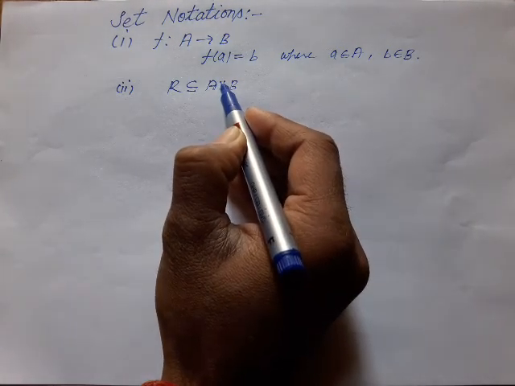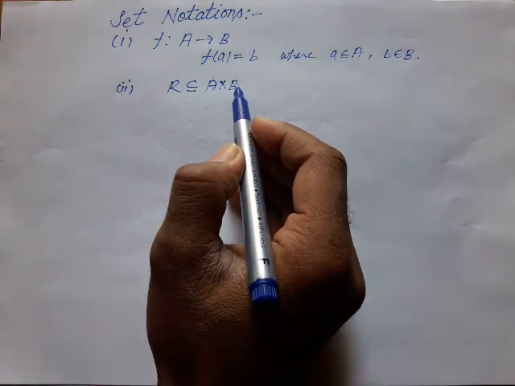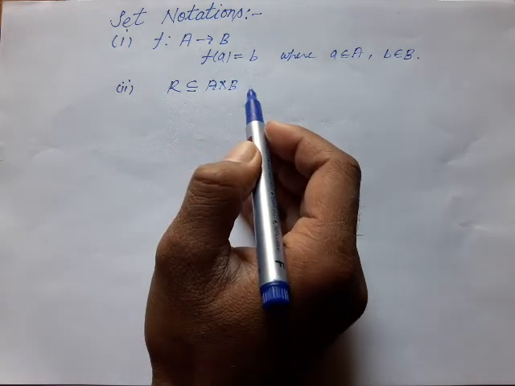So R is a relation from A to B, so R is a subset of A cross B.